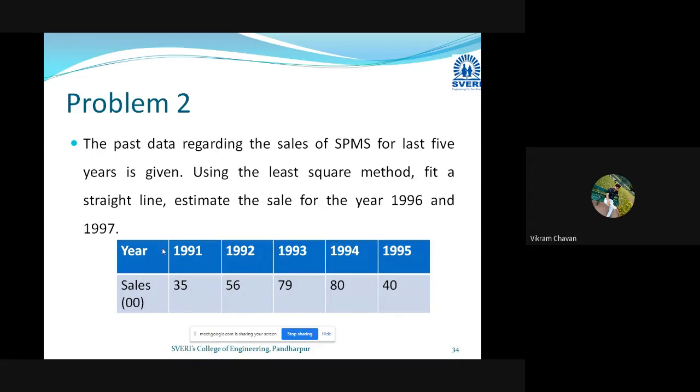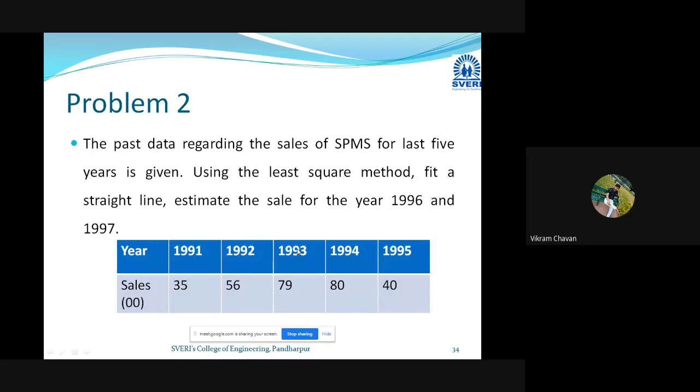So we have to consider 1993 as the origin year. For the years after 1993 we provide positive deviation, and for the years previous to 1993 we provide negative deviation.